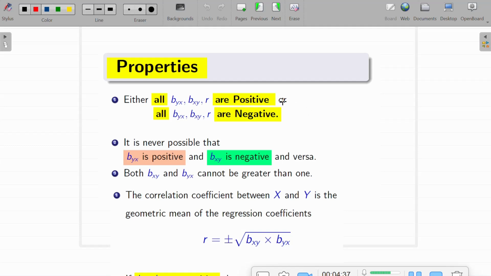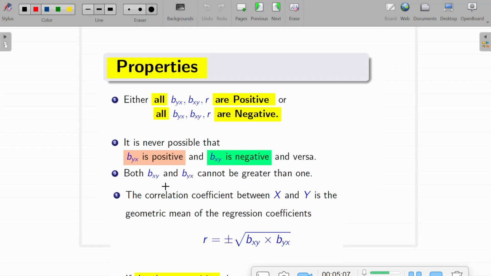We cannot have a case where one regression coefficient is positive and the other is negative, or the correlation is positive but the regressions are negative. That mismatched combination will not exist. If one is positive, the other two are also positive. Similarly, if one is negative, the other two coefficients are also negative. So it is never possible that one regression is positive and the other is negative, or vice versa.